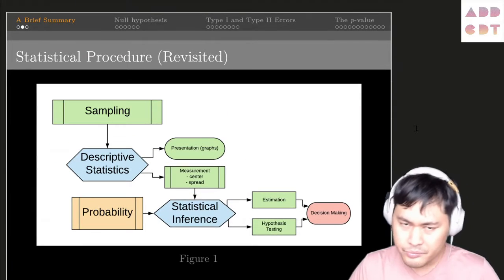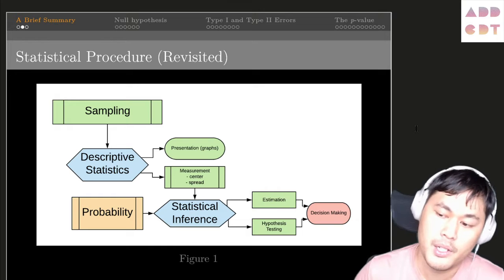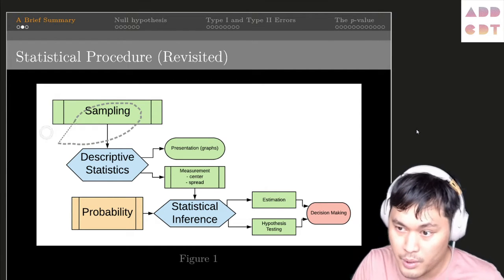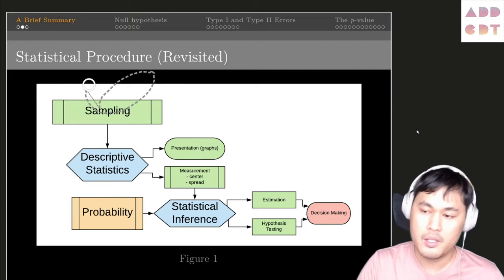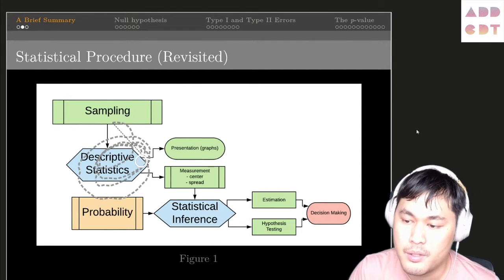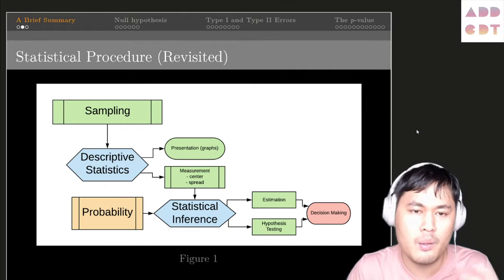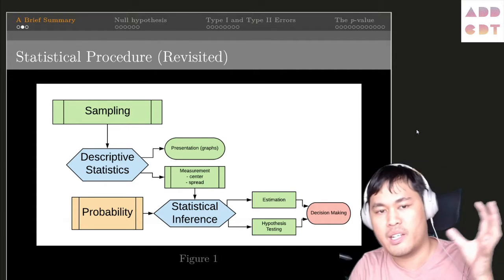It is the goal of this course to understand what this flowchart is about. Starting from taking a sample, I get some raw data, just a bunch of data, and use descriptive statistics to get meaningful information out of it.